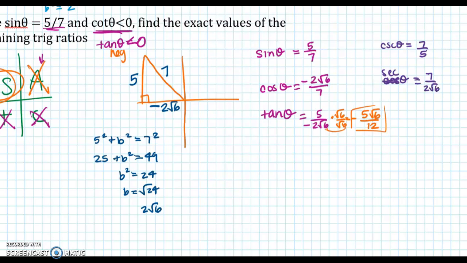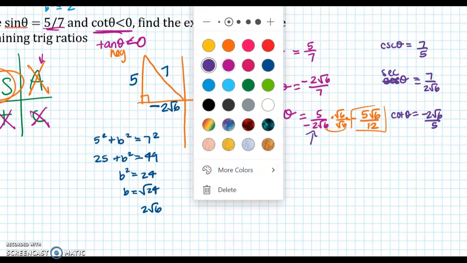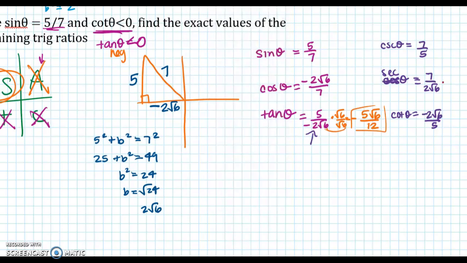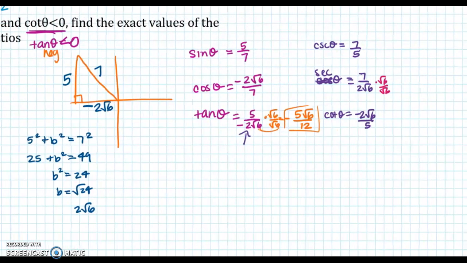And then the tangent, again, flip the one before you rationalize, it'll save you some energy. Your cotangent will be negative 2 root 6 over 5. So we have 7 root 6 over 12, and that is going to be a negative.